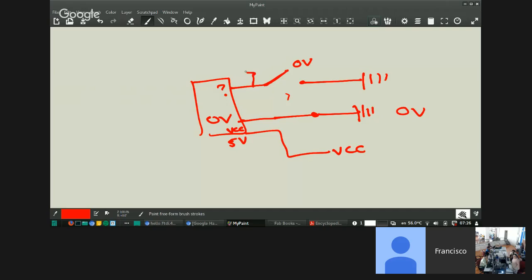What you do is put a resistor here and hook it to VCC. Got it, so that it can read a steady 5 volts. Yes, so the microcontroller will read 5 volts instead of this question mark. So if you put this circuit here, when this is on the air, the microcontroller will go to VCC.